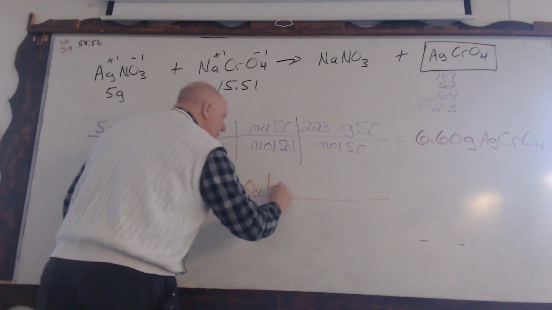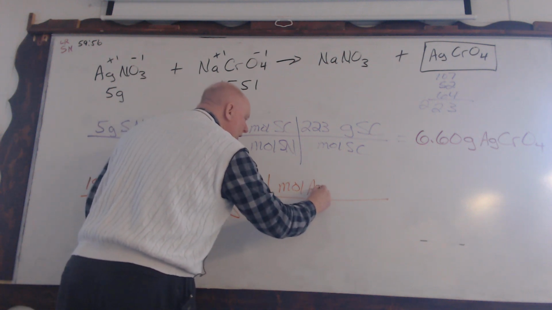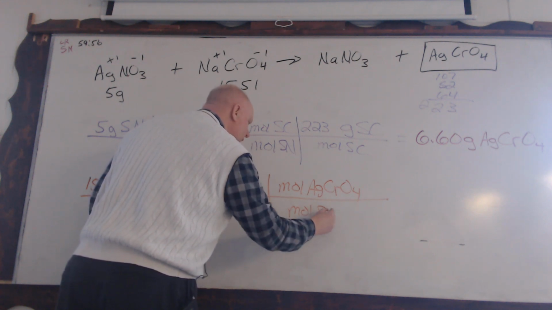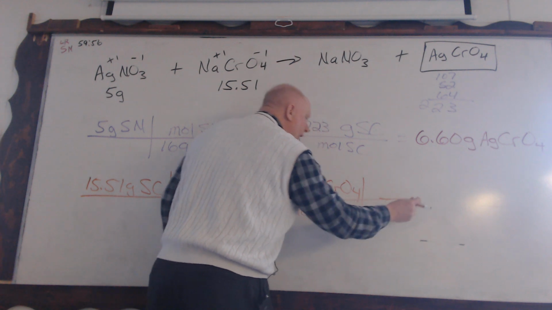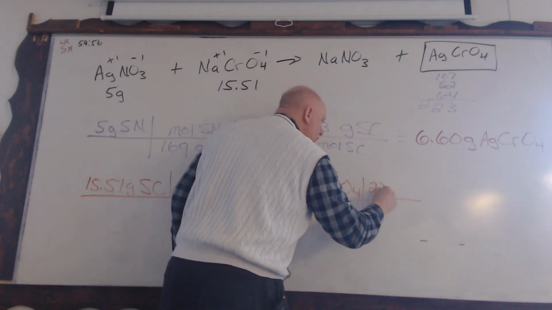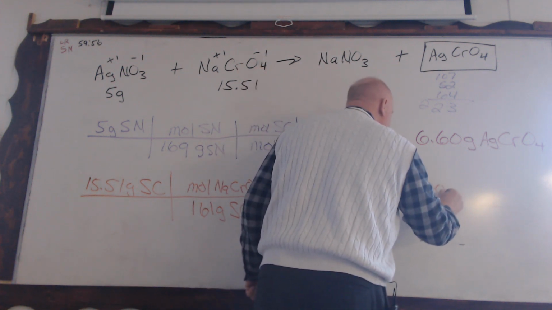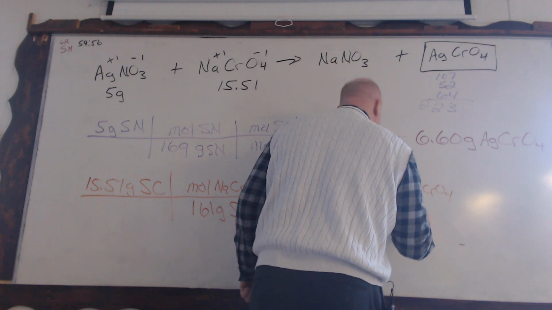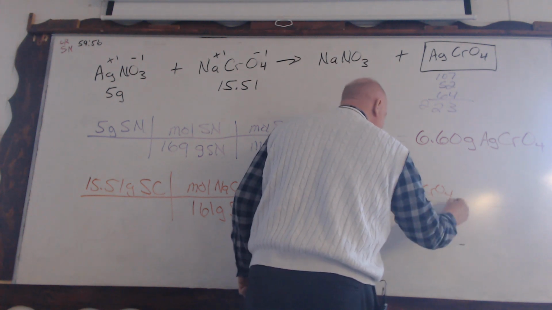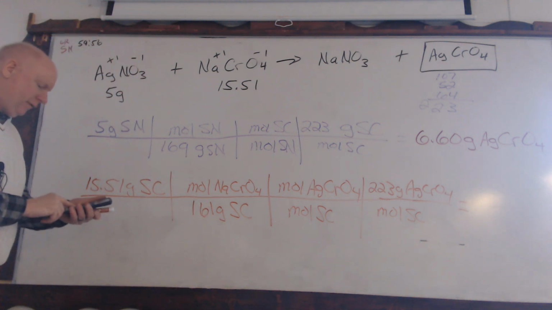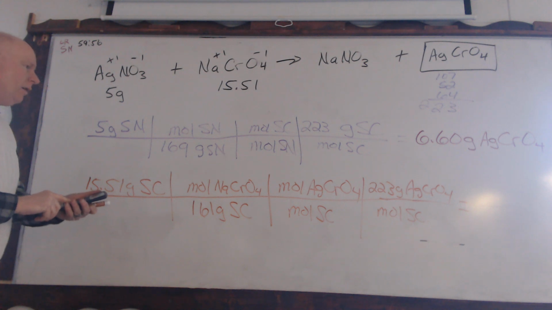This next step was allowing us to get to the other side of the equation. And then this number would still be the same, 223 grams of AgCrO4. So we take 15.51 times 223, and we divide that by 161.